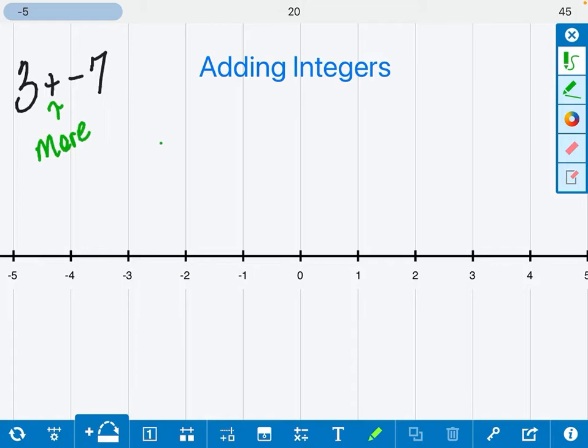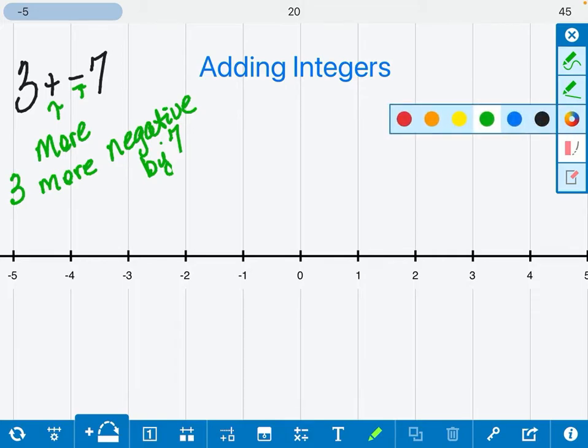So we're at 3, and we want to get more what? More negative by 7. Let's do that.